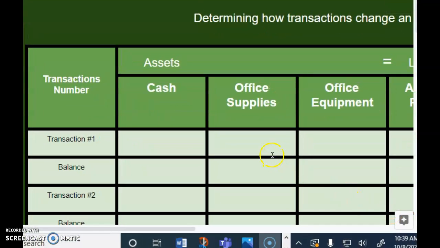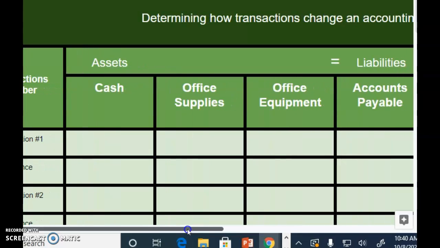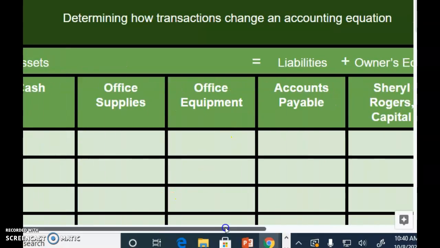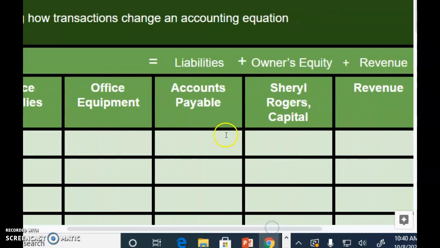And you notice this form, I know the screen doesn't show the entire form, but it is by transaction, and you see all of the accounts here. Here are your assets. You have cash, office supplies, and office equipment. Your liabilities for this problem are accounts payable. That's the only liability you will have. And remember, liabilities are a debt.